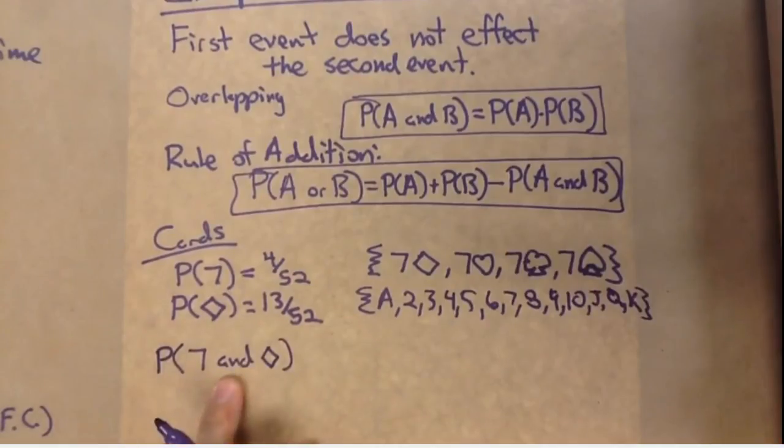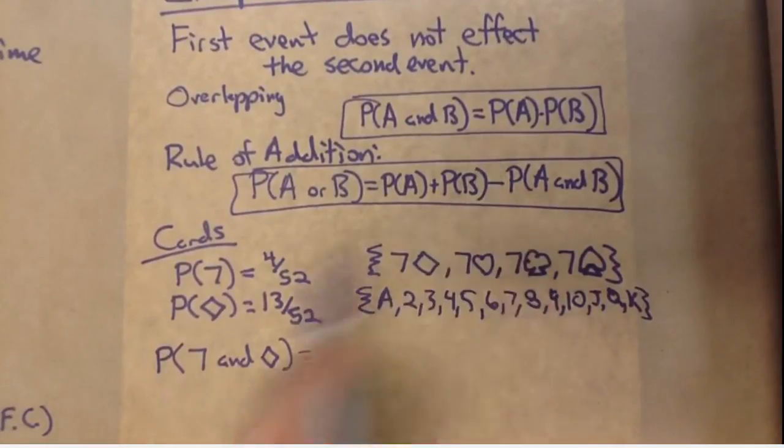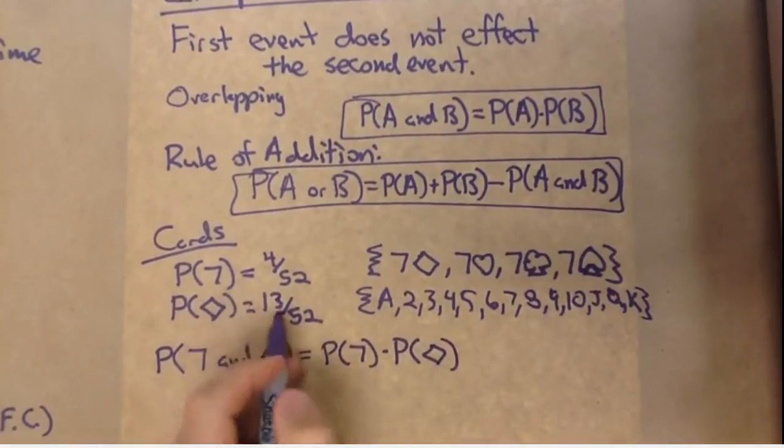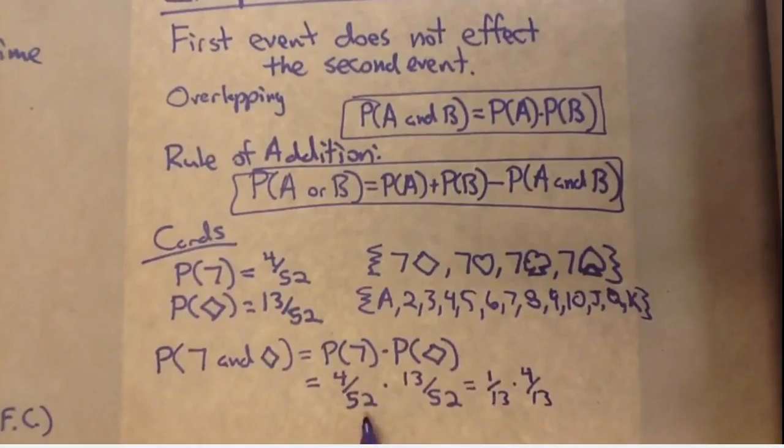So let's start with looking at the probability that I pull a 7 and a diamond. So in this case, I pull a card, and if I pull a 7 or I pull a diamond, it really doesn't affect it. It's just something they may have in common, which it is possible, and that's actually the same as pulling the probability of a 7 of diamonds, because there is that card. So using the rule right here, I want to find the probability of a 7 times the probability of a diamond, which I have already done, which is 4 over 52 times 13 over 52.